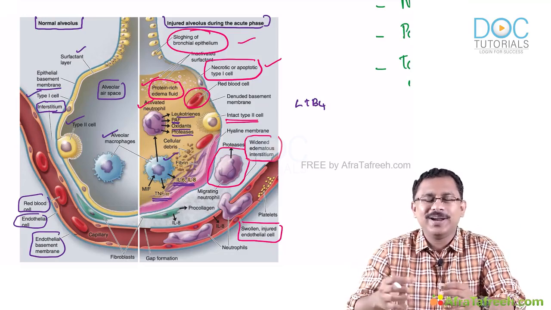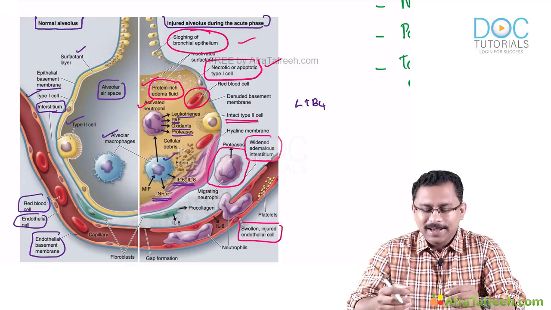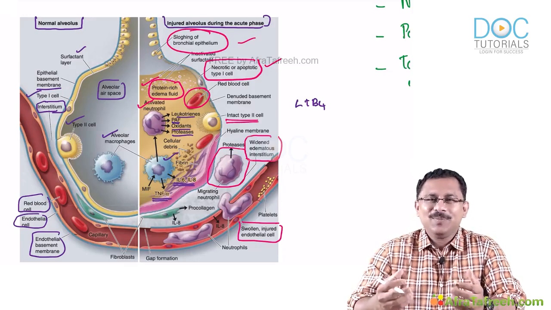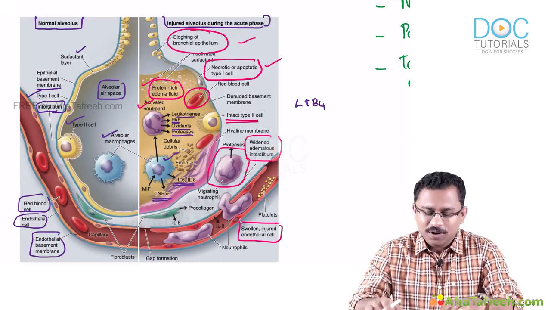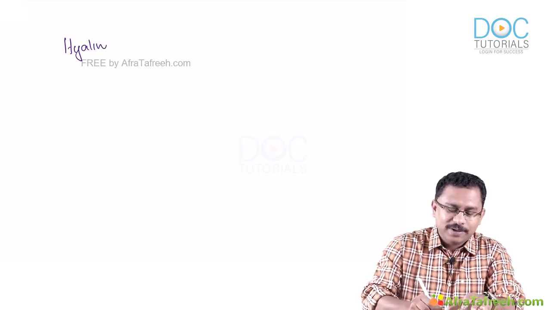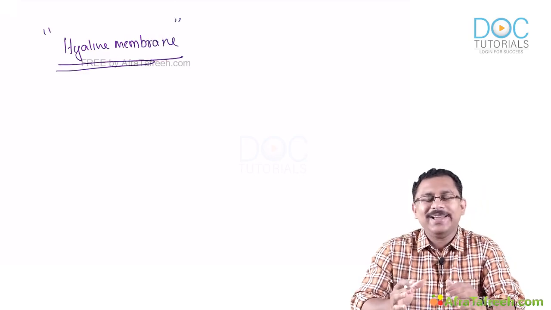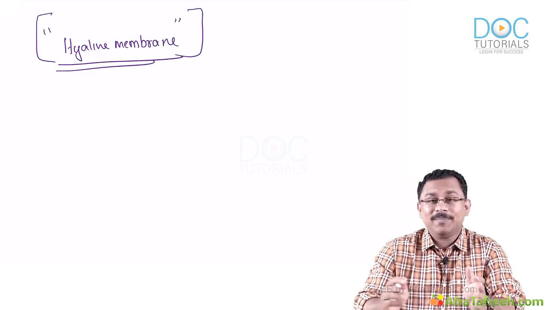It's too much fluid, RBCs, proteins, everything in the alveoli. The protein accumulation inside the alveoli plus your dysfunctional surfactant leads to hyaline membrane formation.